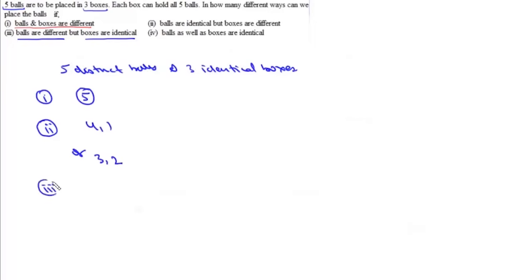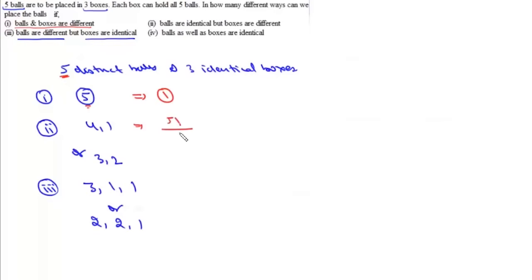And the third case, when all these 5 balls are distributed in 3 non-empty boxes, it can be done as either 3-1-1 or 2-2-1. Now for this first case, from these 5, we need to select 5, and it can be done in only one way. Now for this second case, we have to distribute these 5 in 2 groups containing 4 and 1.